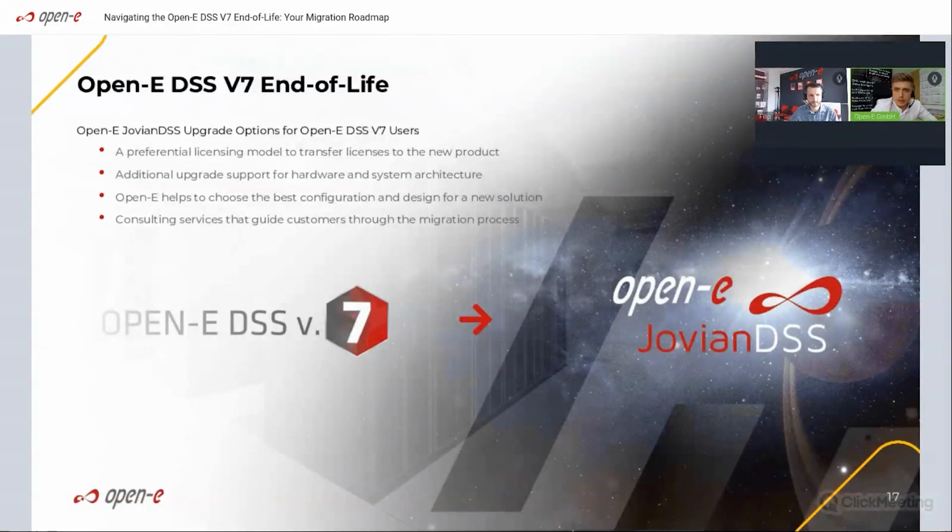What we guarantee is continuation of support. So if you have an active support license for Open-E DSS V7 and decide to upgrade your system, the remaining active support time will be transferred to the support license for Open-E JovianDSS. So you lose nothing by migrating to Open-E JovianDSS. You will still have existing support.